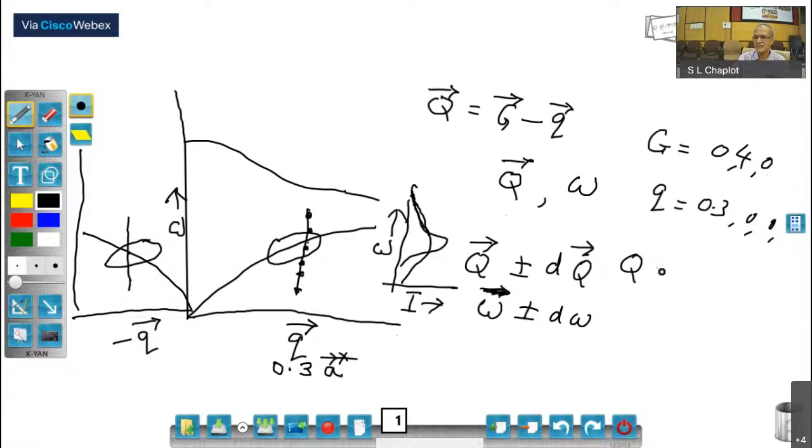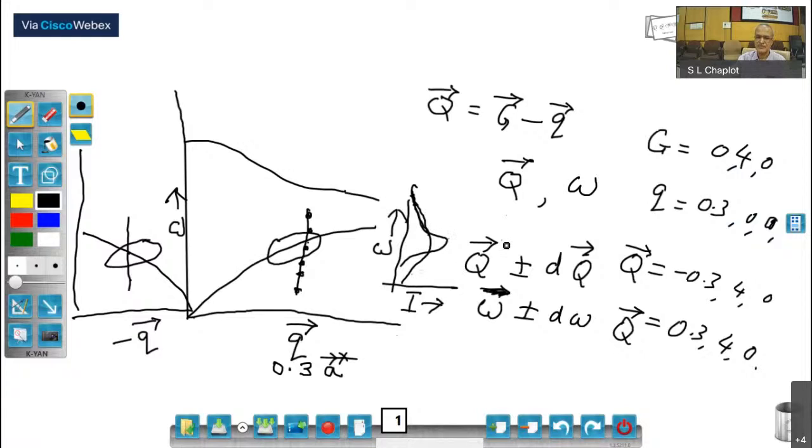And so capital Q is minus 0.3 4 0. Now I could also measure it in the other direction where q is not plus 0.3 but minus 0.3. Then the capital Q would be 0.3 4 0. So you can get the same frequency at these two different settings, but in one case you may get a very narrow peak in omega. In the other case, you may get a very broad peak.